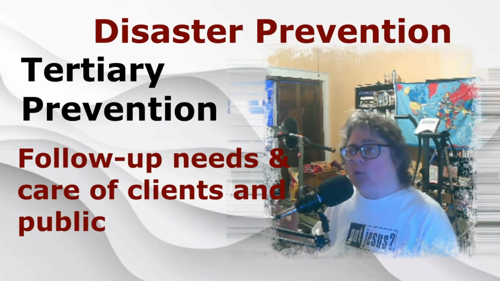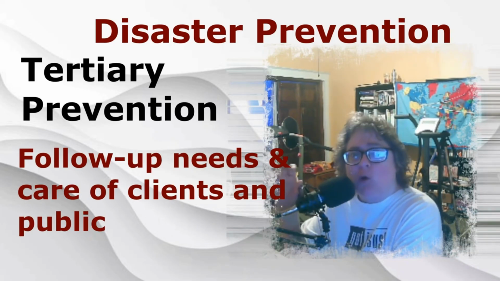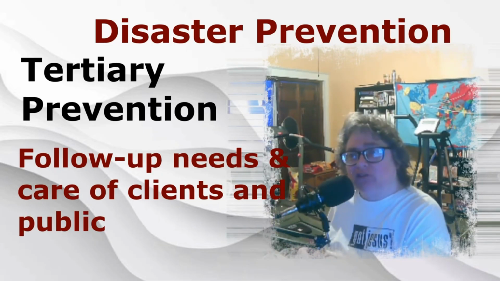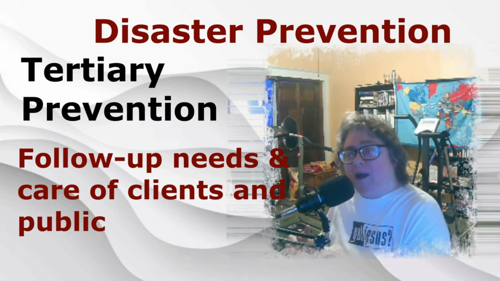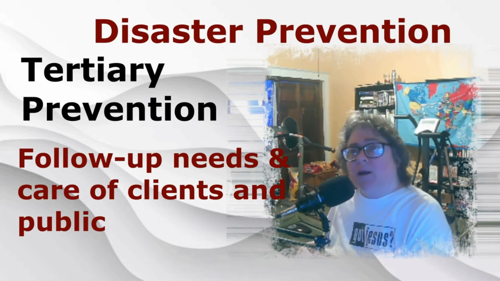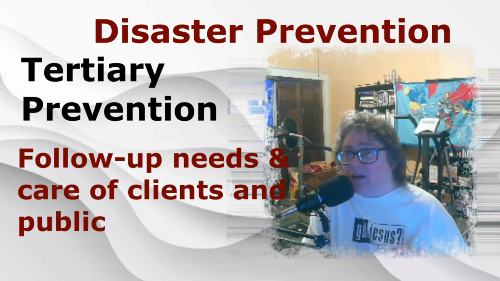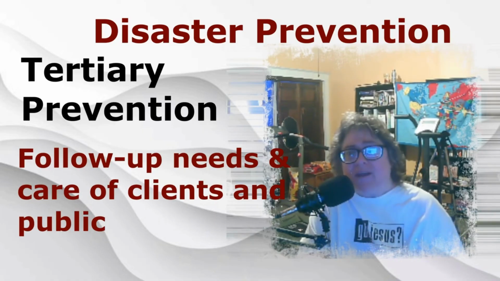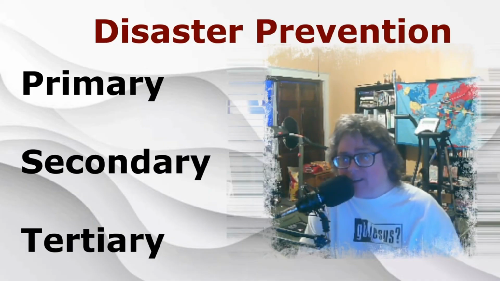Okay? So, in order to have effective disaster management, organization is key. So we teach and we train and we write the policies when we do disaster prevention. And the 3 levels that are involved in disaster prevention are primary prevention, secondary prevention, and tertiary prevention.